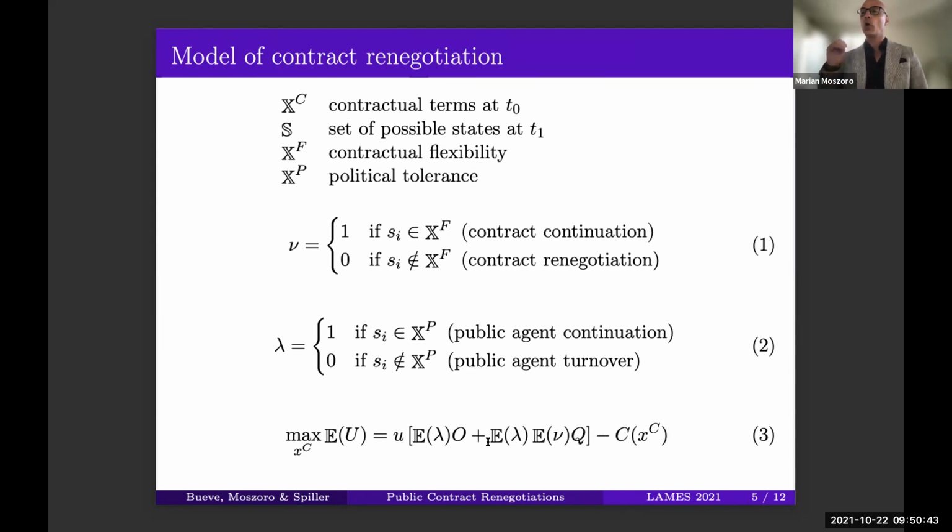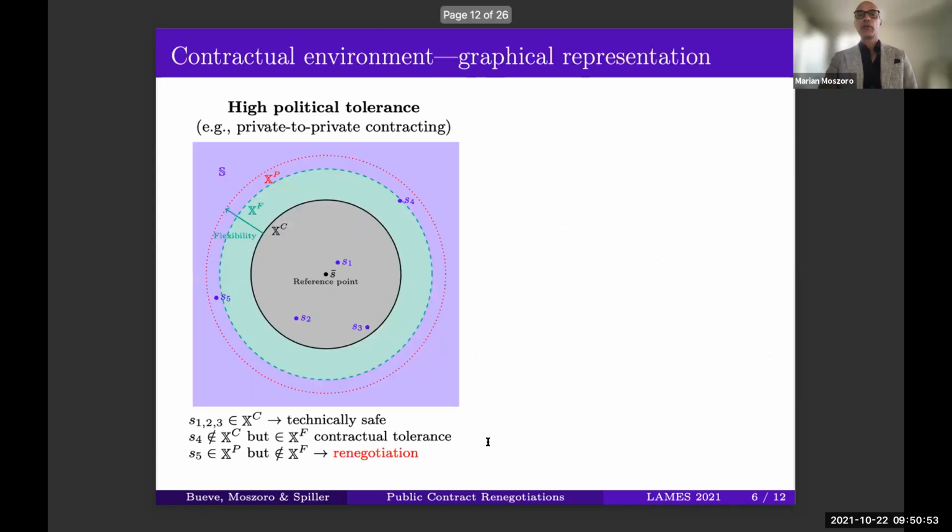So the public agent always wants, first of all, to stay in office, and second, if she stays in office, contract continuation. But if she stays in office, she can renegotiate. Graphically, this can be summarized in the following. Imagine that there is no political influence, so political tolerance is very large. The red circle is very large.